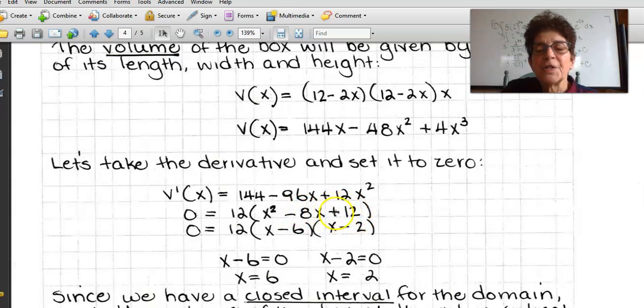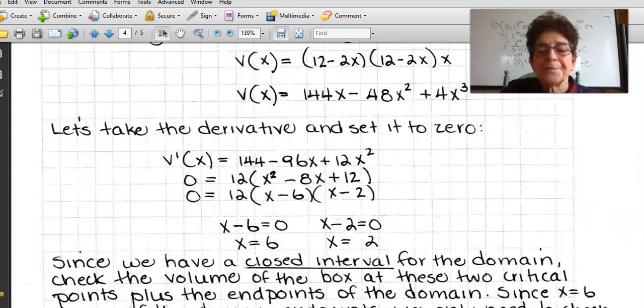I'm looking for two numbers that multiply to give me 12 and add to give me negative 8. That would be negative 6 and negative 2. So here's the way the derivative factors. Remember, the 12 is not going to give you any values for x because there's no variable out here, but I'm going to set the x minus 6 and the x minus 2 to 0 and solve for critical numbers.